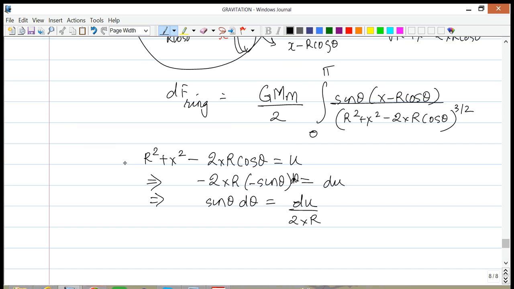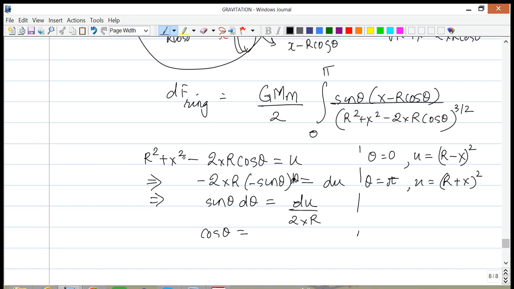Okay, and now once again, our limits: when theta is equal to 0, u will be equal to r minus x the whole square, and when theta is equal to pi, u is equal to r plus x the whole square. And also what we know is that cosine of theta is equal to r square plus x square minus u divided by 2xr.